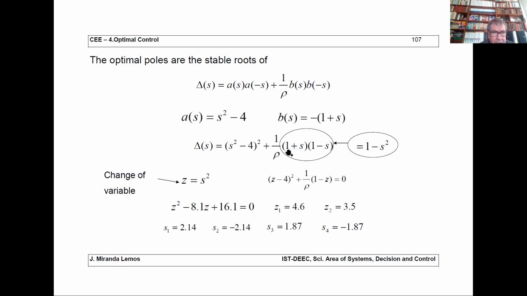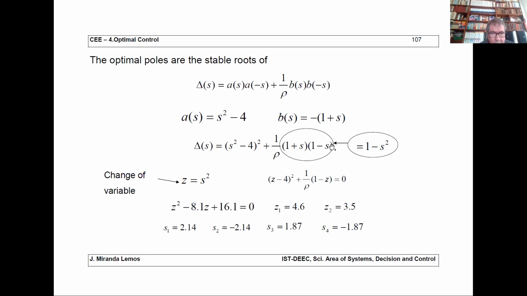Now b of s, which is minus 1 plus s, the minus is missing here because it will disappear, because afterwards I'm going to multiply it by b of minus s, and b of minus s is minus 1 minus s. So both minus cancel.